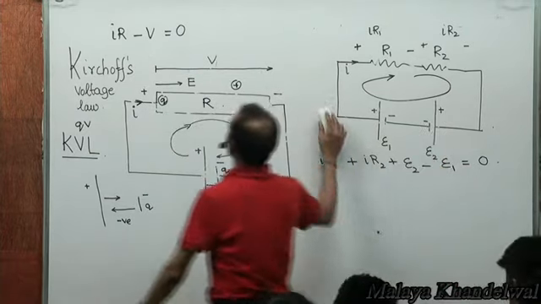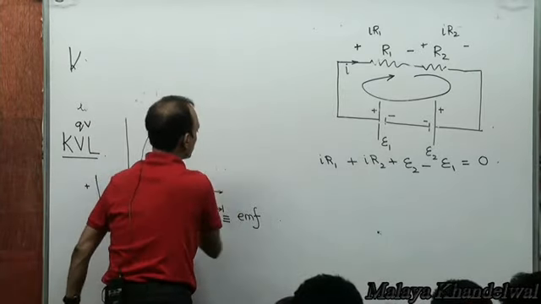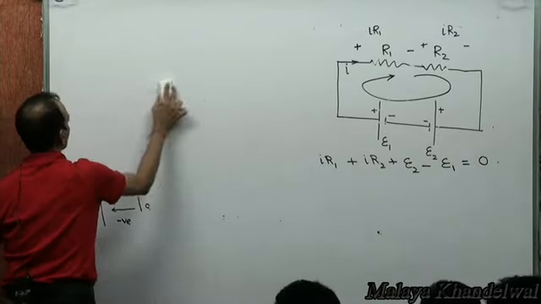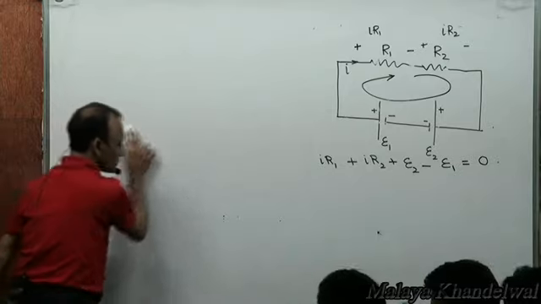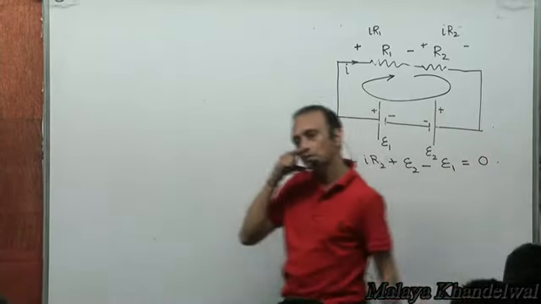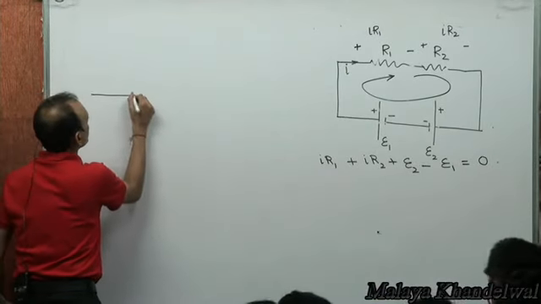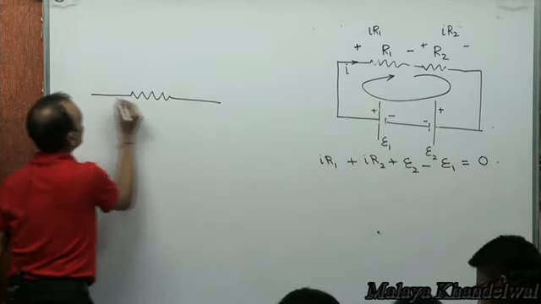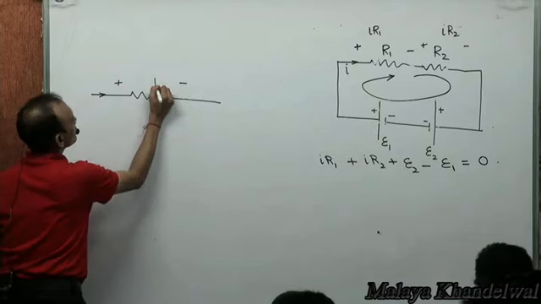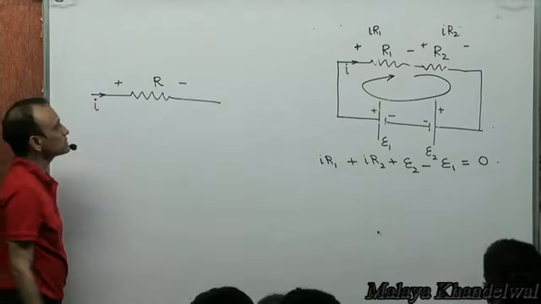Now, see, if this is a load, a resistance R, and a current I flows through this, right?